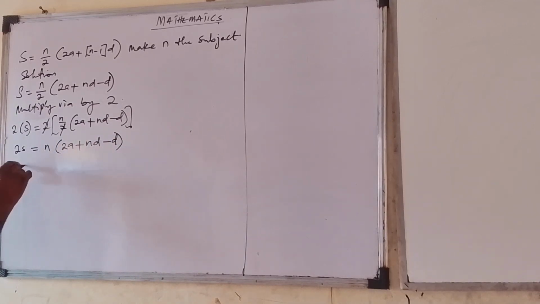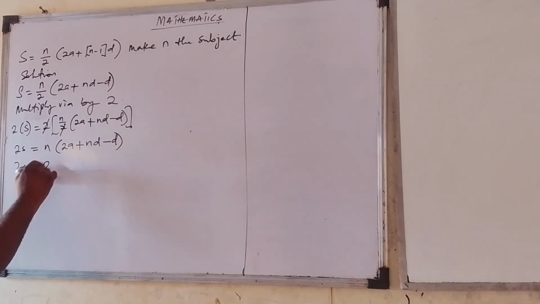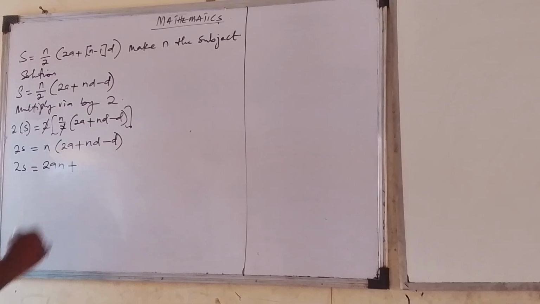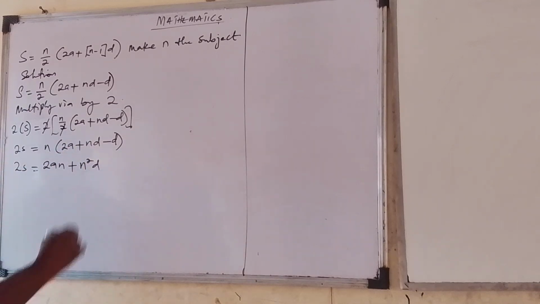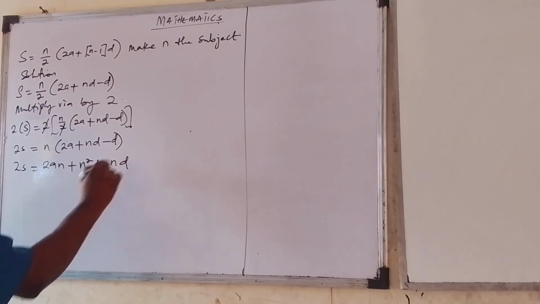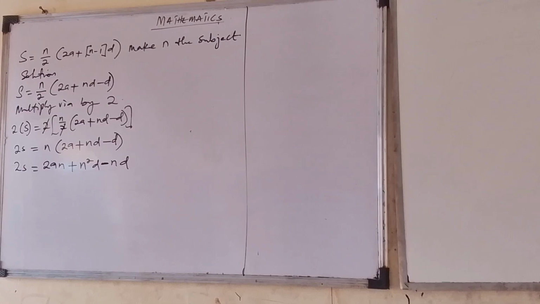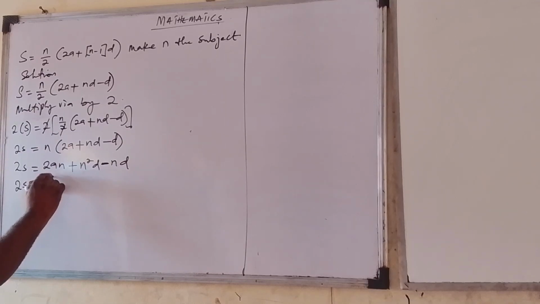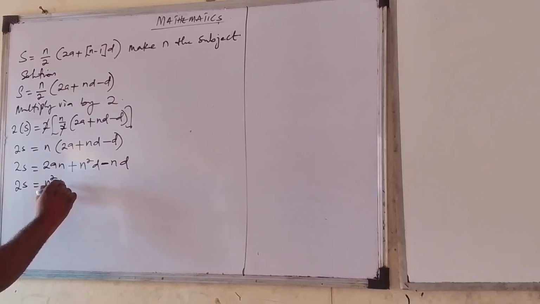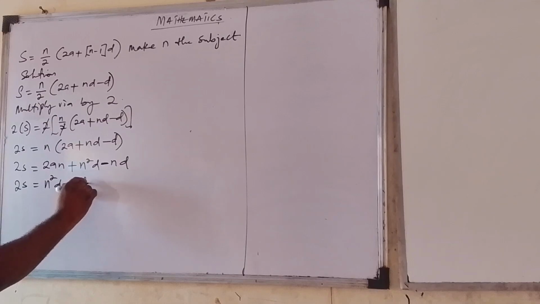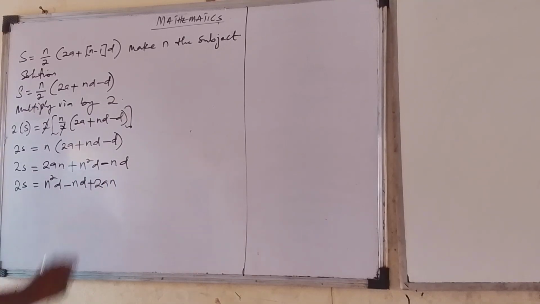So here we have 2s will be equal to, now n times 2a is 2an, plus n times nd is n squared d, n times minus d is minus nd. This is the same as saying 2s is equal to n squared d minus nd plus 2an.